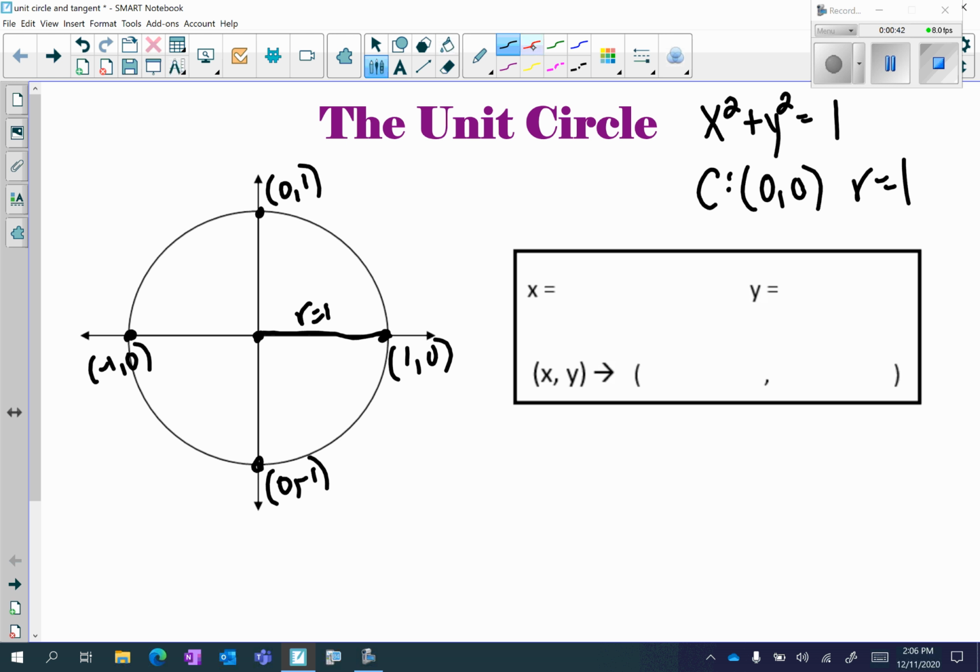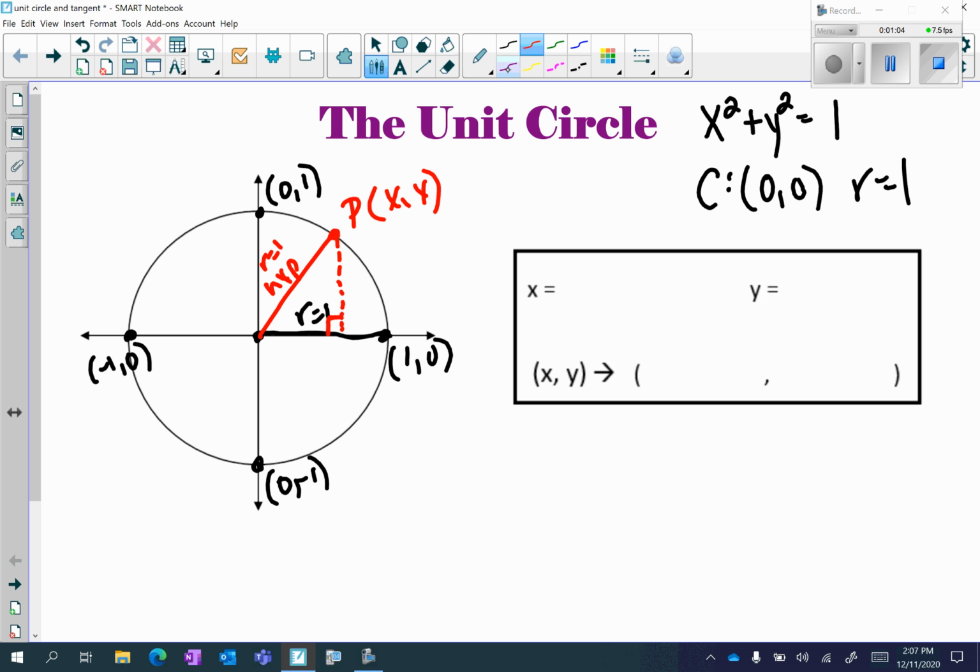So if I pick any point on the unit circle and I draw my hypotenuse of my triangle, it has a radius of 1. And then I could draw my triangle like we've been doing.